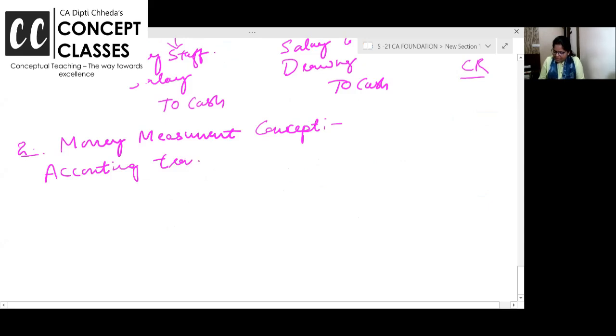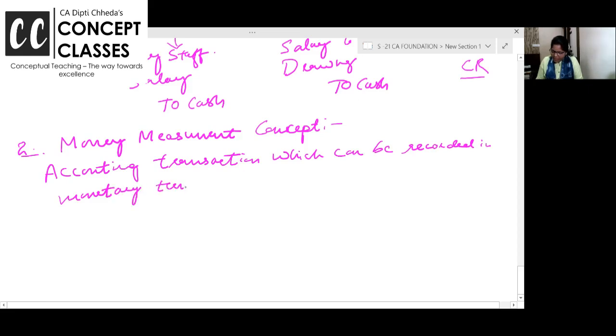Accounting transactions which can be recorded in monetary terms are only recorded in books.